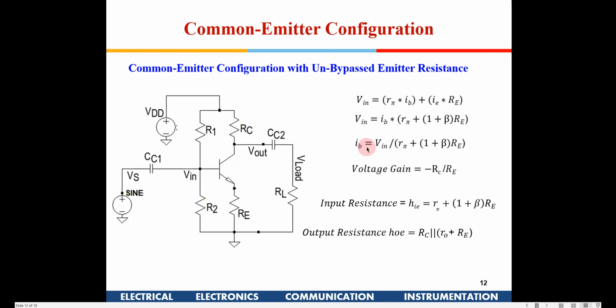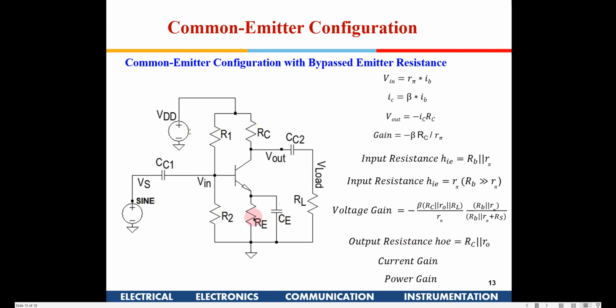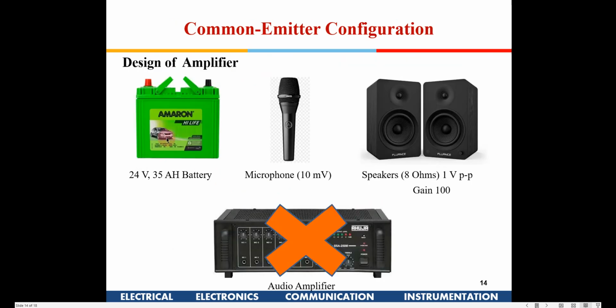So by using a combination of RE and CE, for DC stabilization RE acts, and for AC gain this capacitance bypasses RE. This is how a common emitter configuration with bypassed emitter looks and works. Now suppose I want to make an amplifier out here.